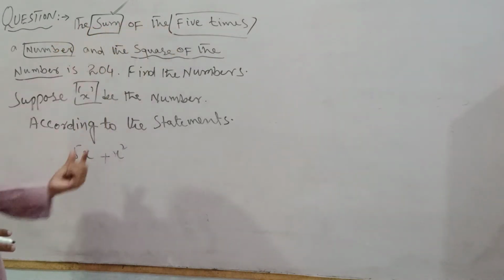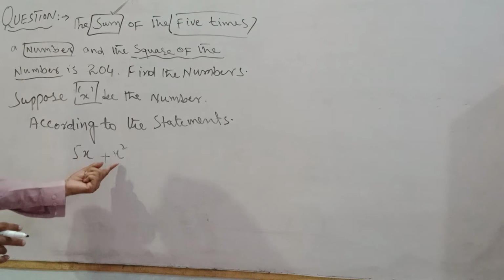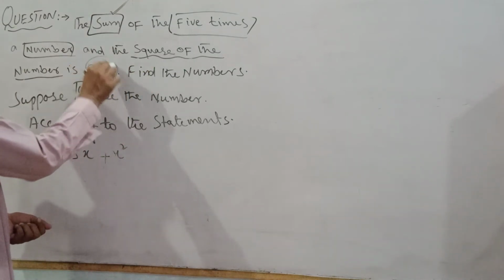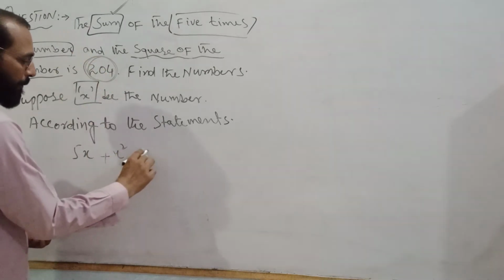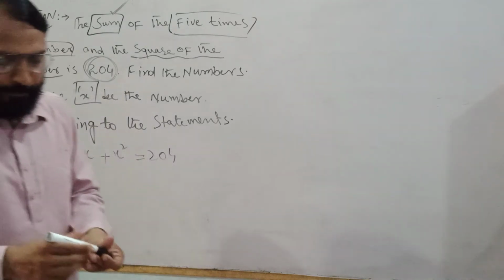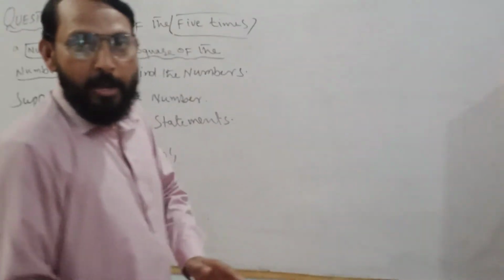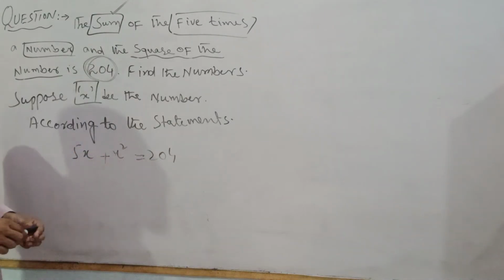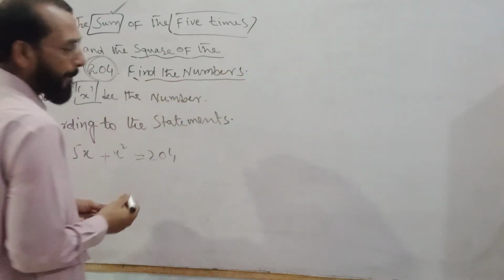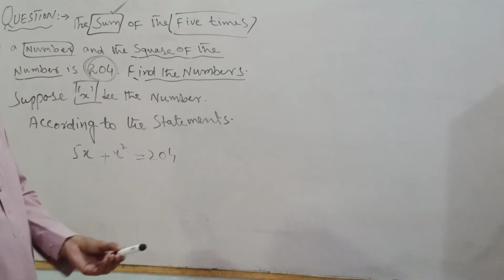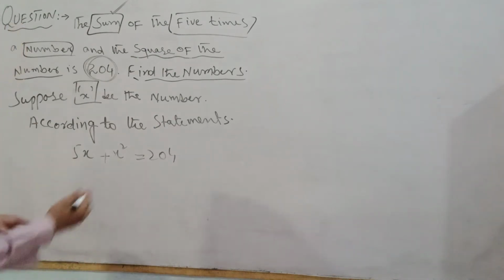The sum of the 5 times of the number x and the square of the number is 204. I hope you understand the statement of the question. 5x plus x square is equal to 204. Find the number. This is the final statement of the question, and we have to simplify and get the number which we can find. Okay.